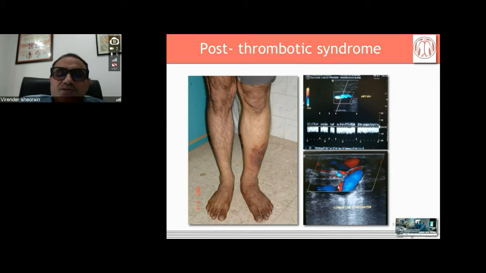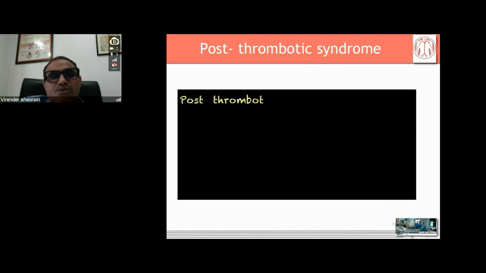These are the patients who will be referred to you because something needs to be done for them, as the ulcers are not healing. This is one subset of patients who will be sent for Doppler, and you will be looking for deep venous reflux, junctional reflux, recanalization, and the extent of the thrombosis.